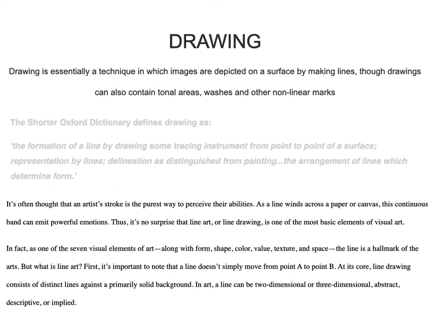In fact, out of the 7 visual elements, as we saw before, line is the fundamental element. A line can be 2-dimensional, but it can also imply 3-dimensionality.